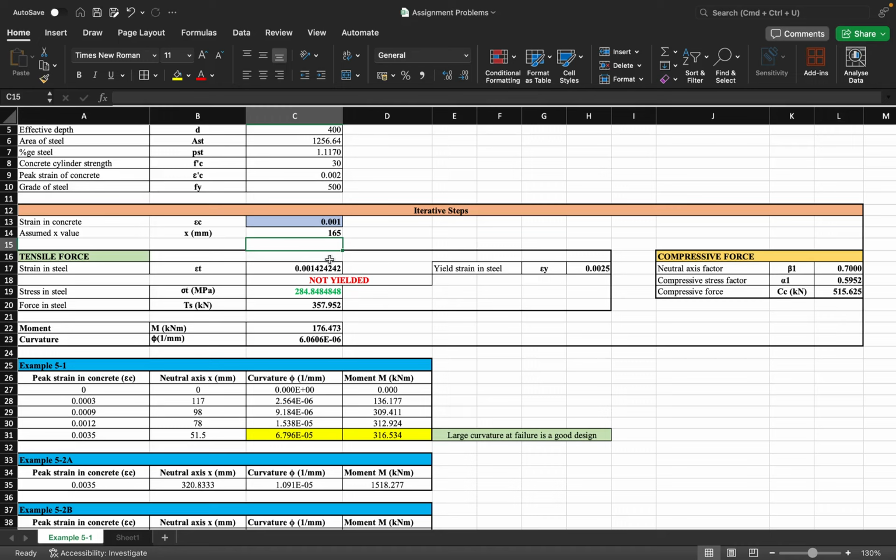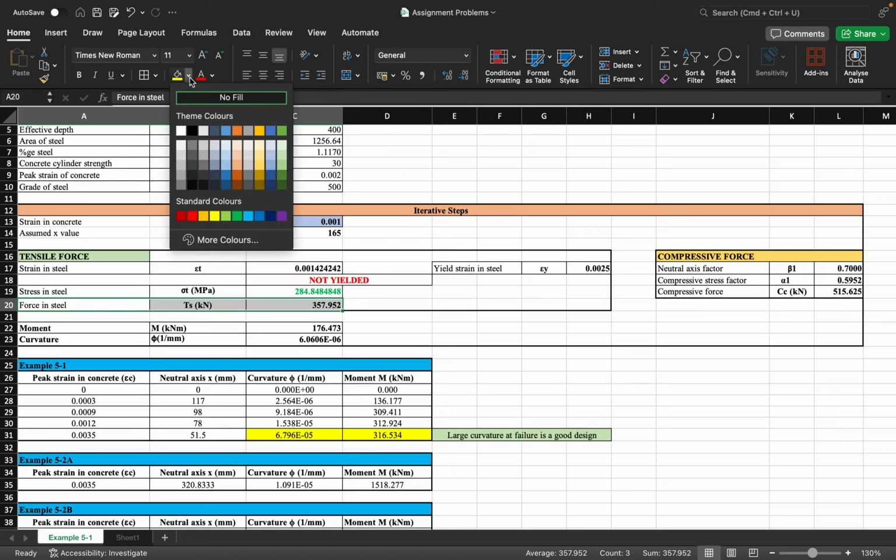I hope it is visible to the other participant also. Yes. So you can suggest the value of x so that both, let me highlight it, so that it becomes easier for the participants. I think yellow is good.